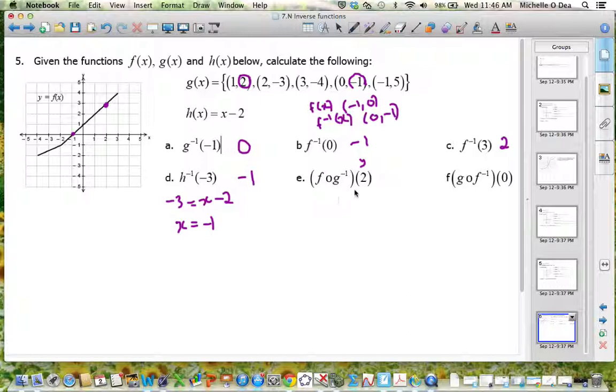So inverse g of 2 is 1, and we want f of 1. Now we go to the f function, so we're just doing a normal function, not inverse. When x is 1, I can see on the graph y is 2. So the answer is 2.